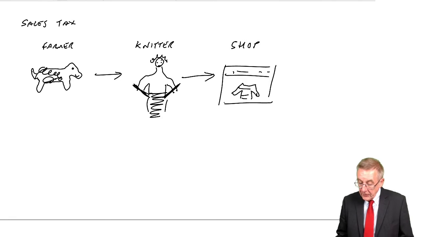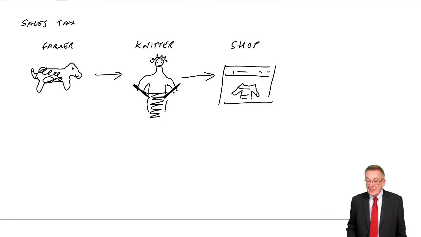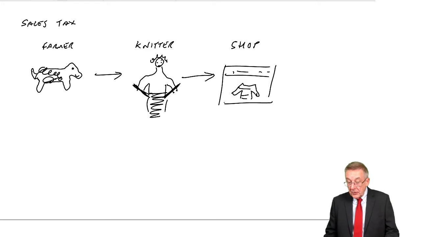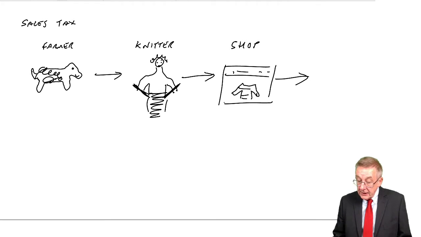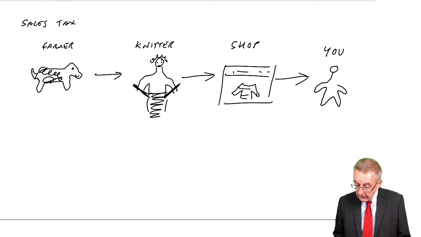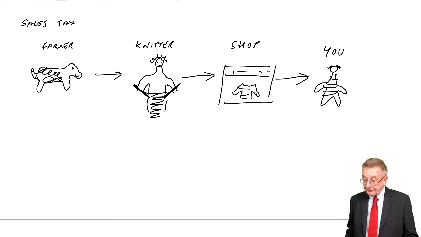It's not very good. That's supposed to be the jumper on display in the shop. And then, of course, the shop sells it to you. I'm not very good at drawing, as you can see. But there's you wearing the jumper.